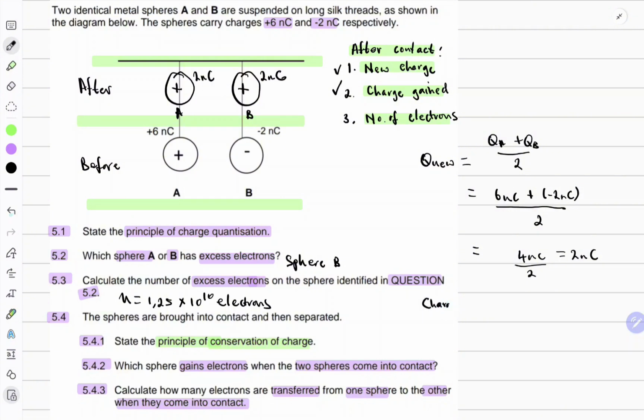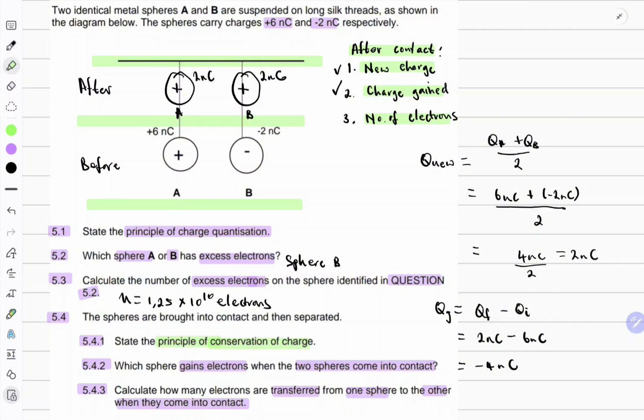Let me use a small g. The charge gained is equal to Q final minus Q initial. So the final charge is 2 nanocoulomb minus the initial, or the original charge, was 6 nanocoulomb. So this here is negative 4 nanocoulomb.